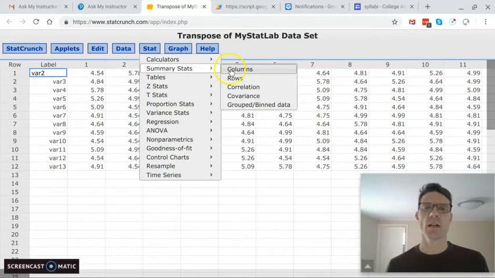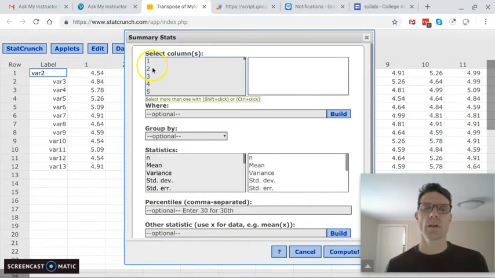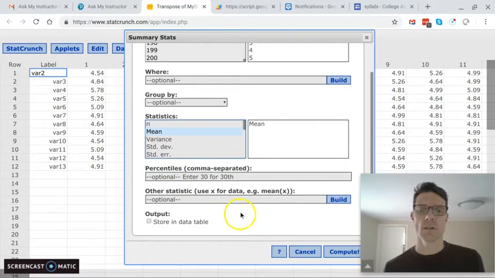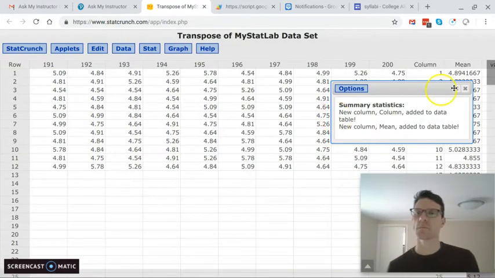The samples are in columns, and we want to do this for 1 all the way to 200, and do that for the mean. We want the mean of all those, and we want it stored in the data table. And we just hit compute.